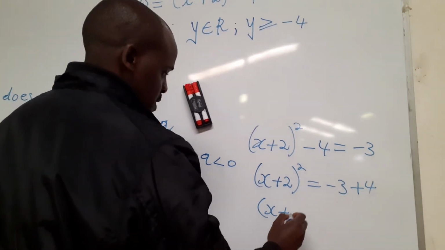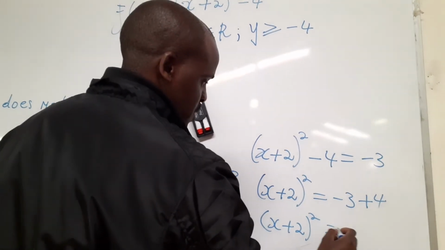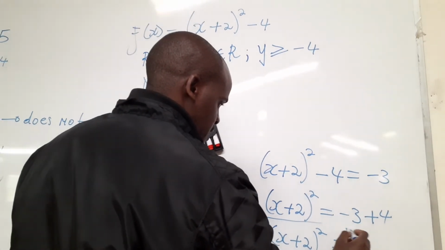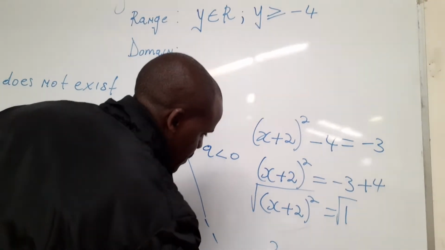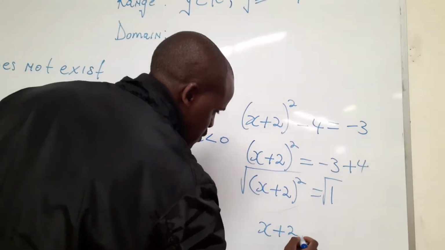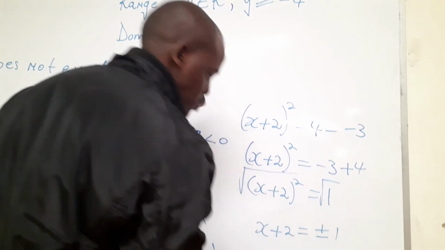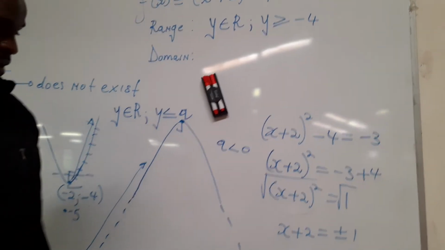X plus 2 all squared is equal to 1. Let's put our square root there. Therefore, x plus 2 will be equal to plus or minus 1, so you can solve for x here.